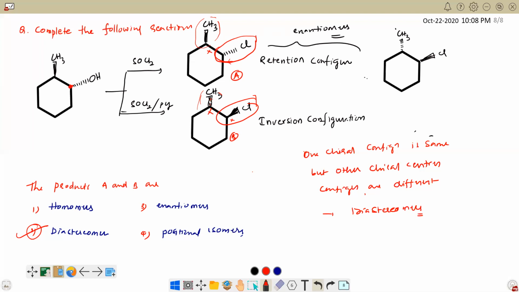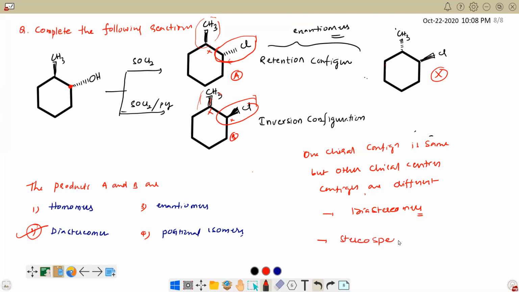So these two are enantiomers, but this product is not observed in the reaction, right? Even its mirror image we cannot observe. That means two groups should be below the plane, right? So the reaction is stereospecific.